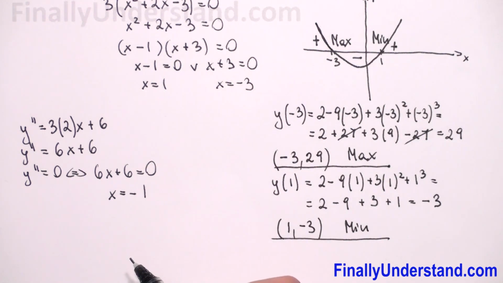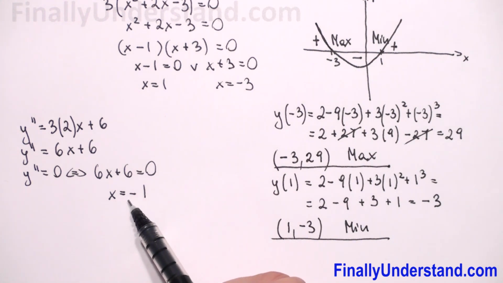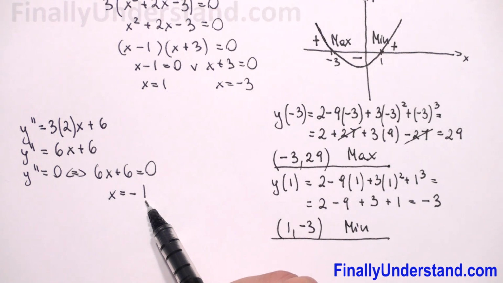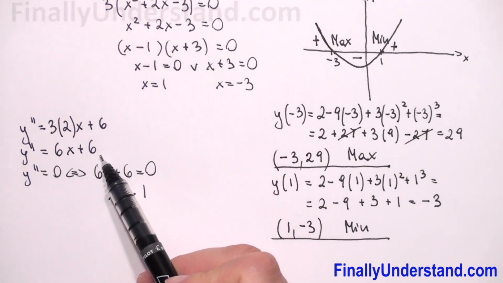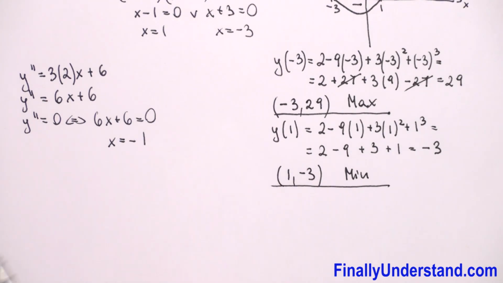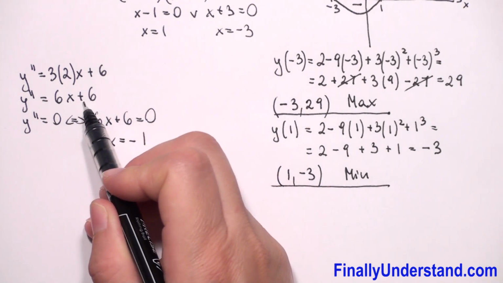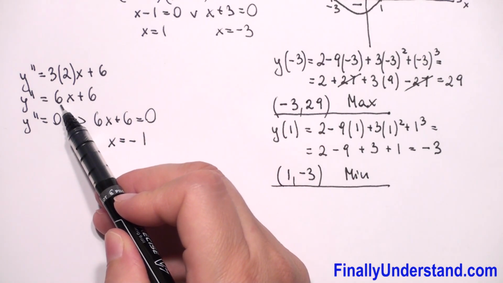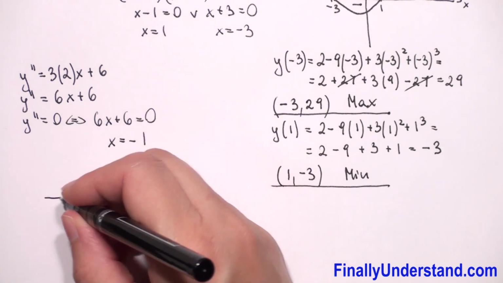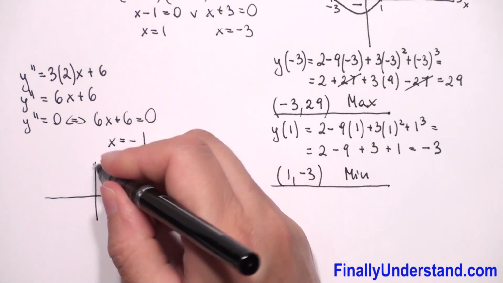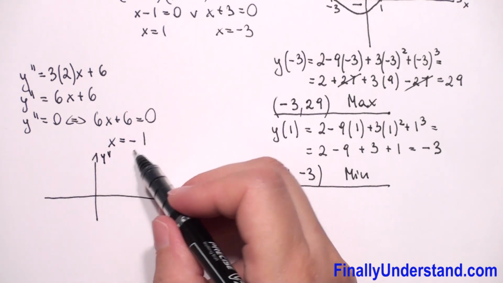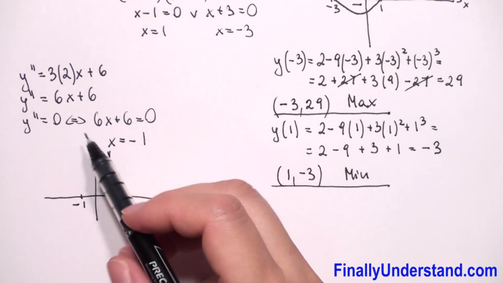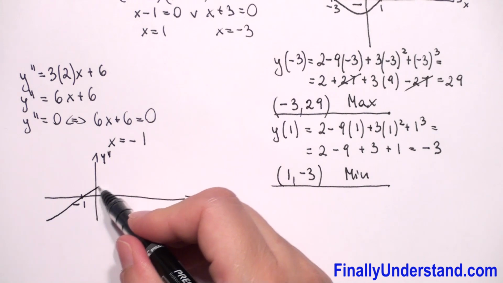Now we have to check if the second derivative changes sign a small distance to either side of x equals negative 1. To do this, the easiest way, in my opinion, is to draw the graph of our second derivative. 6x plus 6 is a linear function and has a positive coefficient before x, so our line is going up. Let's draw the x-axis. This is our y double prime. We have the root negative 1. The line going up is increasing.